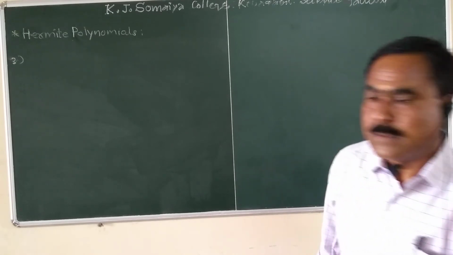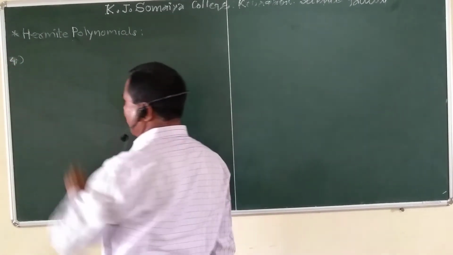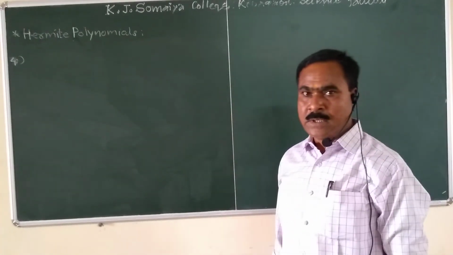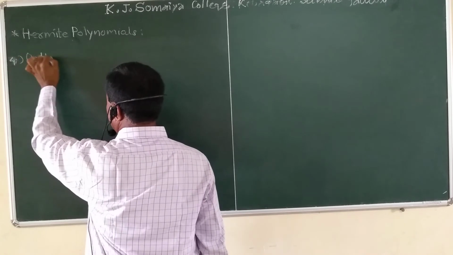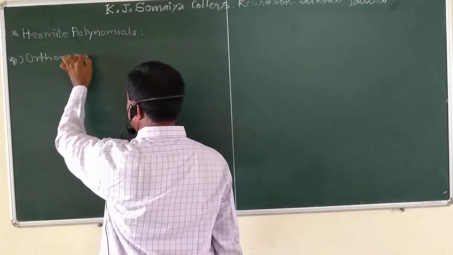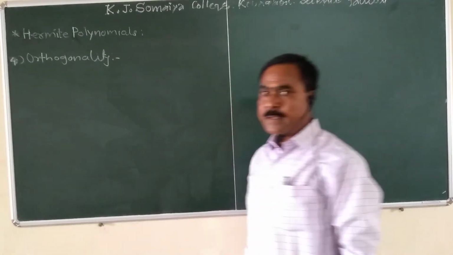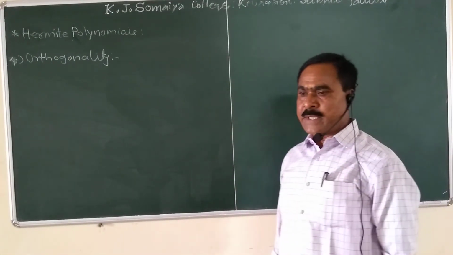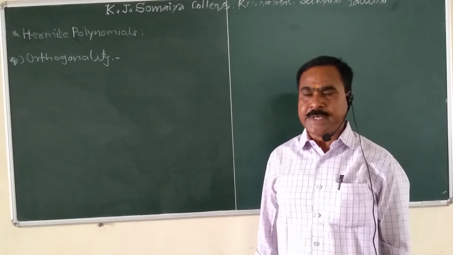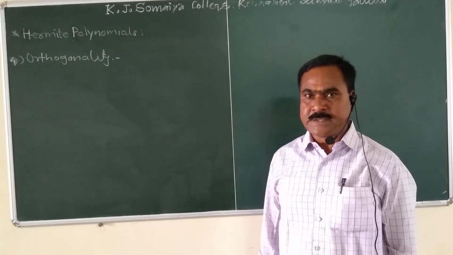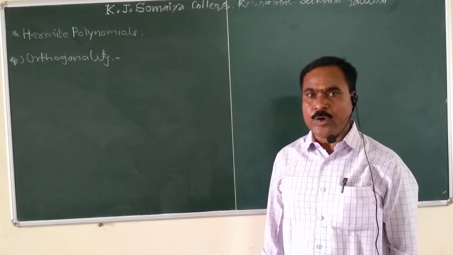So next we consider property 4, and property 4 is orthogonality. In the previous lecture, when we started the special functions, we saw the Legendre polynomials, and in those Legendre polynomials we saw the orthogonality property.